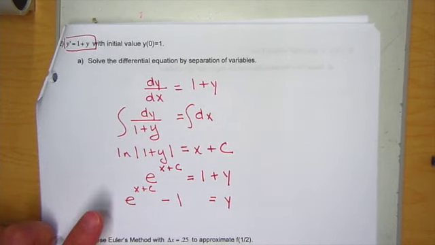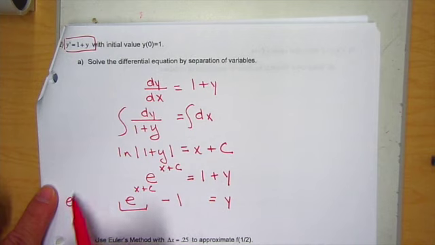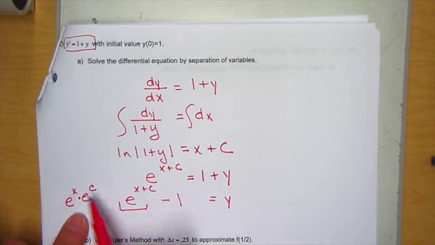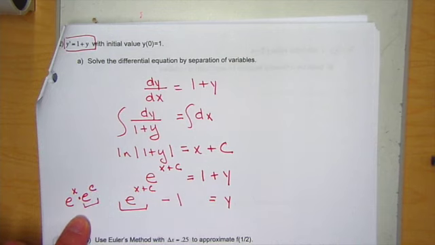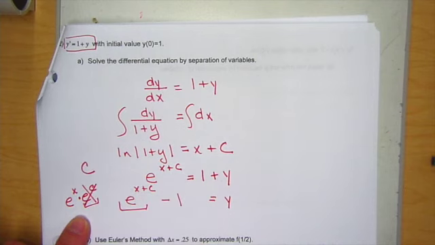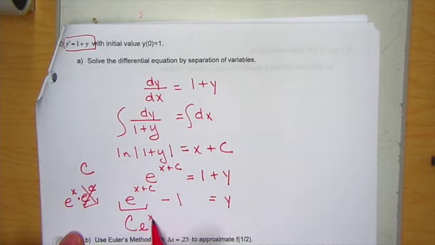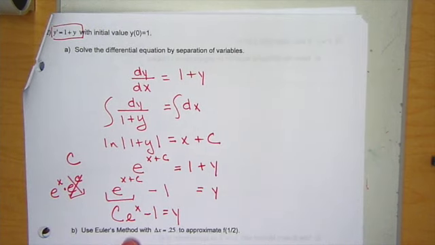Using properties of exponents, this is really the same as e to the x times e to the c, right? We add our exponents, but e raised to a number is still another number. So I'm going to call this c. Obviously this c is not the same as the previous c, but it's fine to use the same letter. So this whole piece, I'm going to rewrite it like this. This is my general solution.